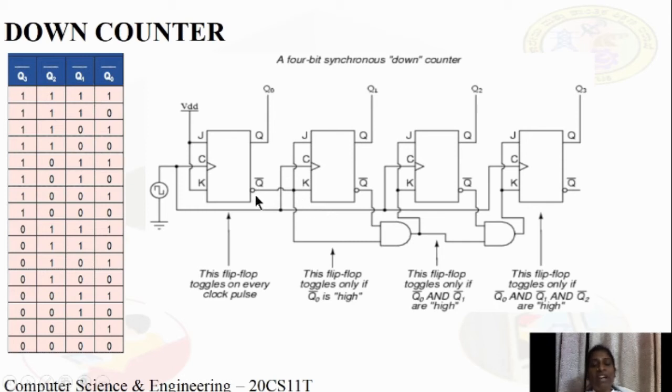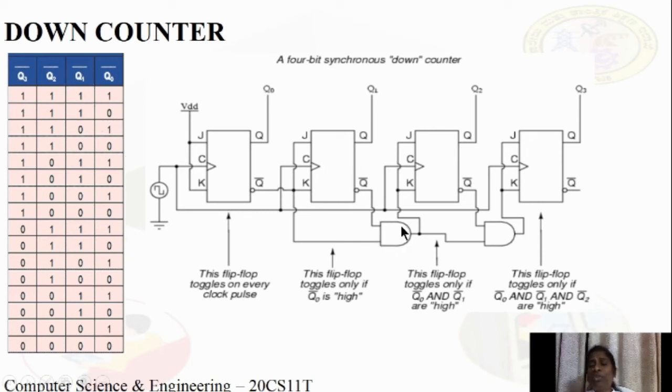So directly we will connect the output from the first flip-flop to the second flip-flop. Then Q1 bar will change its state from 0 to 1 or 1 to 0 whenever Q0 bar is 0.